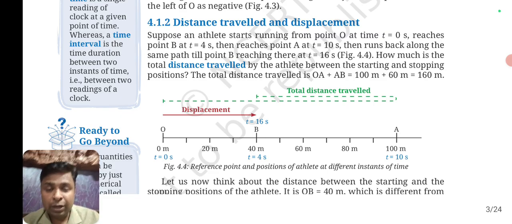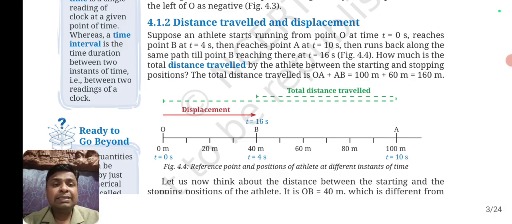If you go from Pune to Mumbai and Mumbai back to Pune, the total distance will be the distance between Pune and Mumbai into 2, because you have gone and come back. Now displacement, on the other hand, considers only the starting point and the ending point.